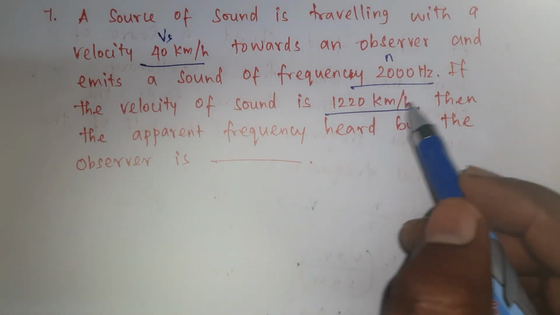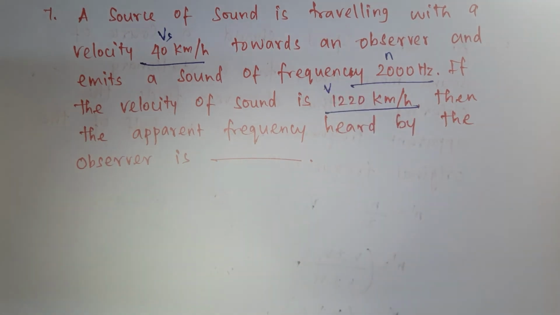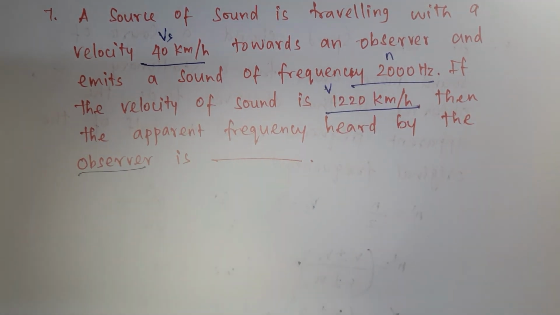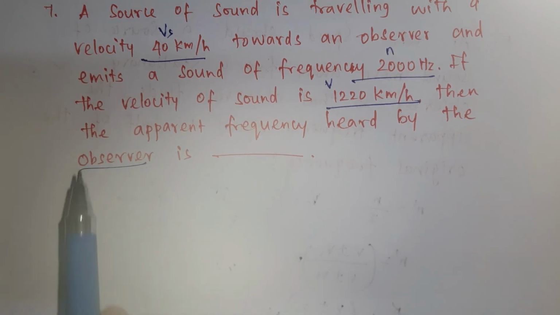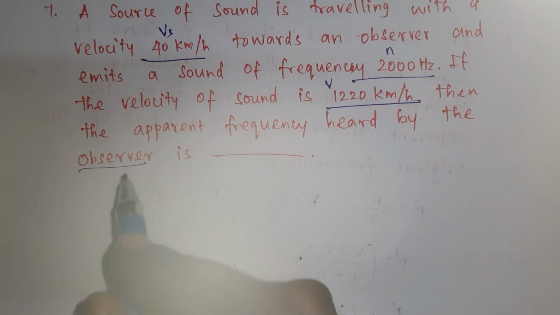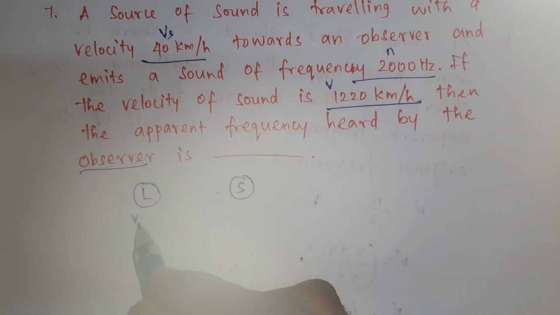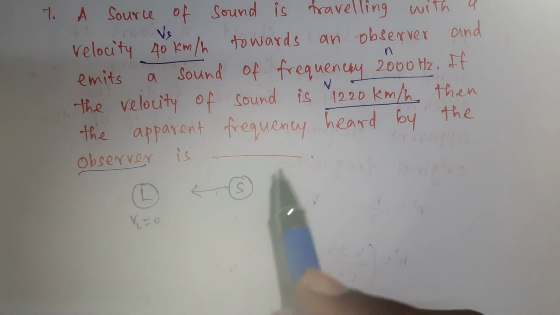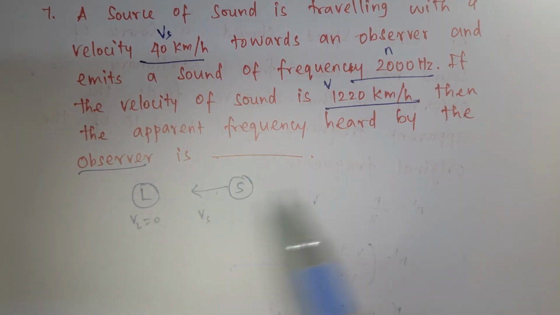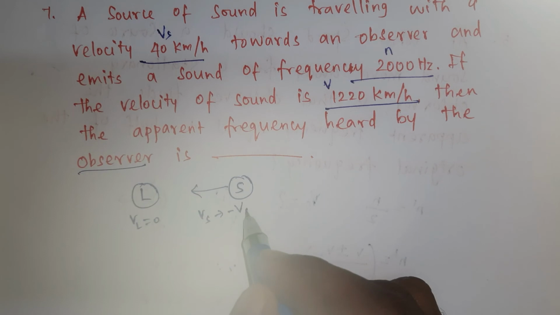So 1220 km per hour represents the velocity of sound, that is V. The observer is not moving in any direction, so it is a stationary observer, that means a stationary listener. So L is going to be on the left hand side, and the source on the right hand side. So for the stationary observer VL is equal to 0, then the source moves towards the listener, so its direction is the negative x-axis, so Vs will be taken as minus Vs.